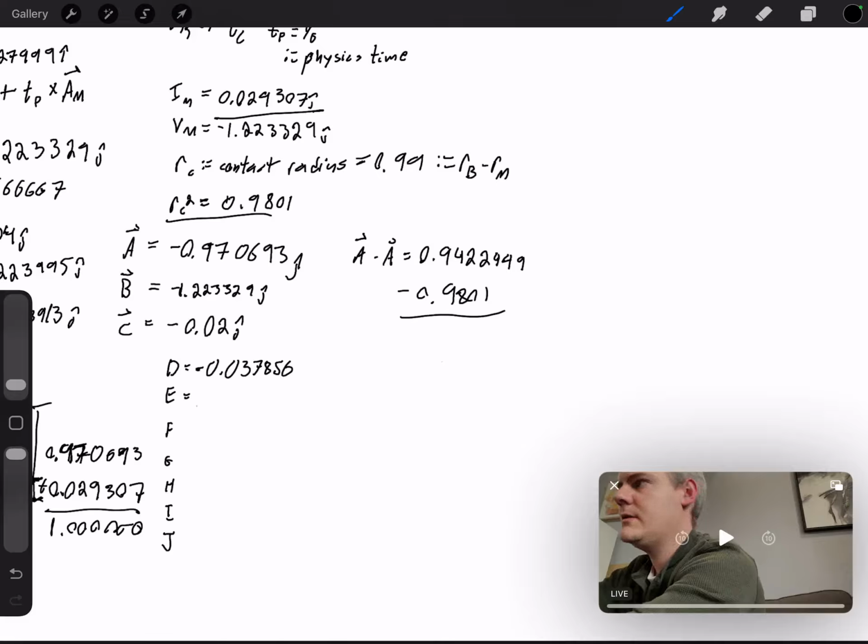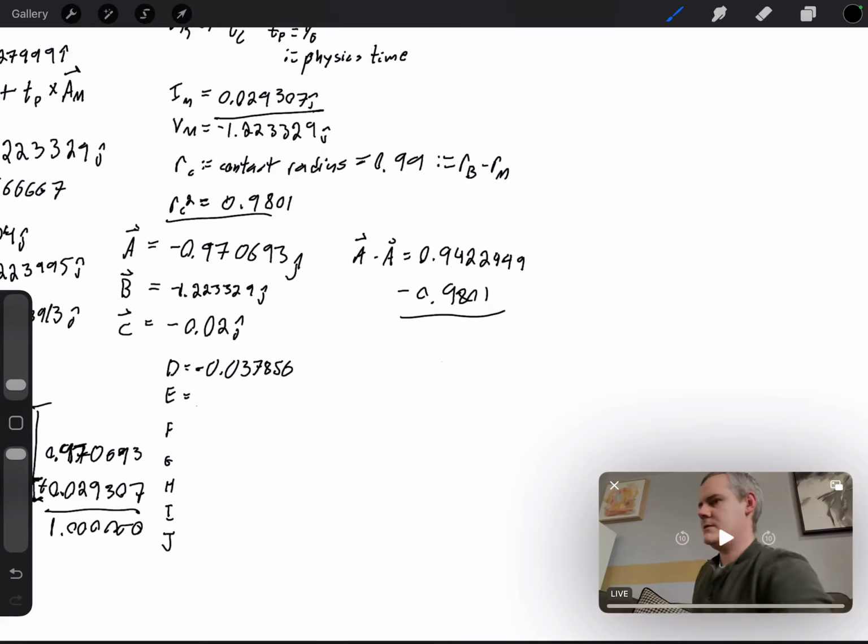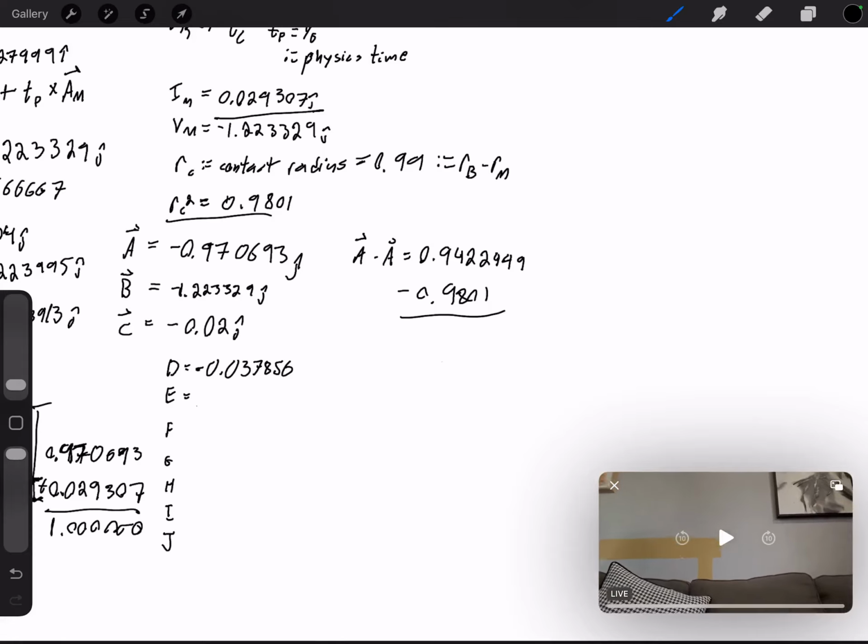I think I might even go get my calculator. I did not write a lot of digits for that RC squared. That's too bad. But it does look like a very close value. It does look just right. I hope that was a good racket.